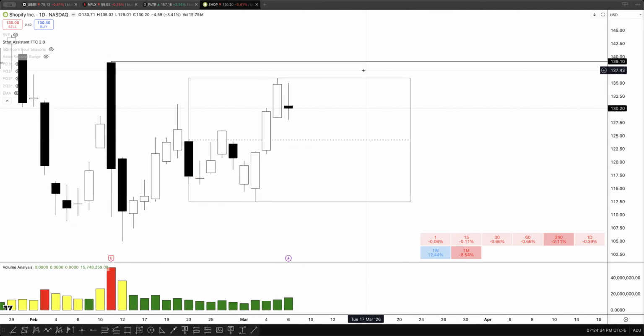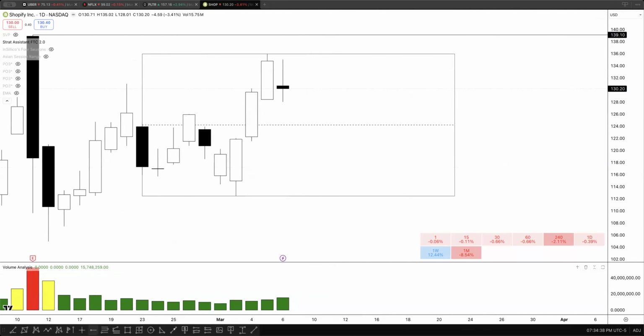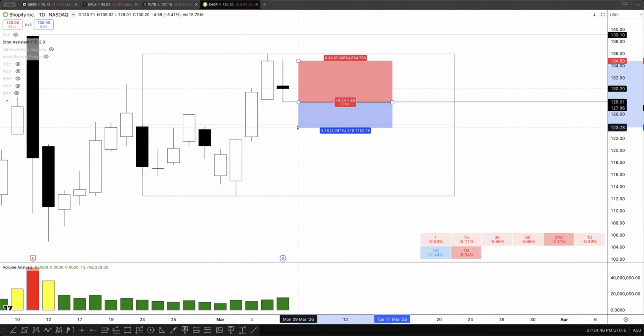So what that's telling me, just based off this current daily stick right here, is this trade looks real easy. If we break under 128.01, we are looking at 124 minimum. Because if this is a doji candle by definition, this next daily candle that opens should break either way.